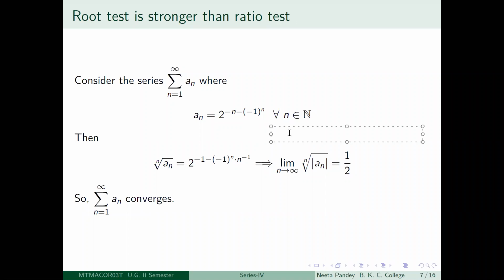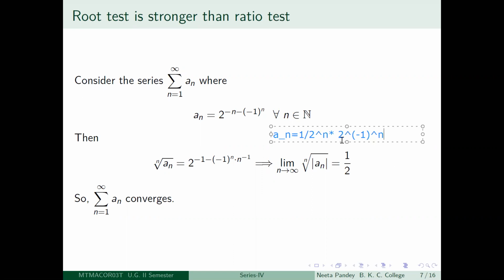So actually an is equal to 1 divided by 2 to the power n, times, this is minus, so it becomes a plus, 2 to the power minus 1 to the power n. Something like this.